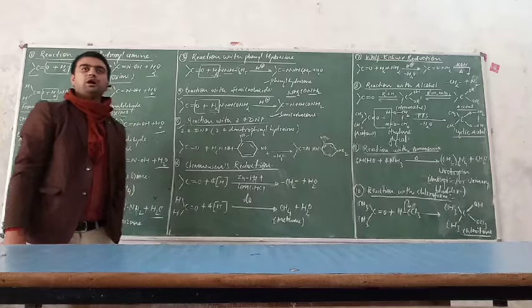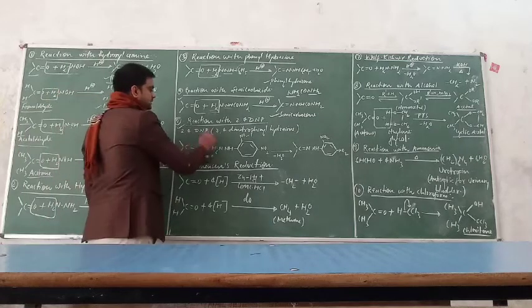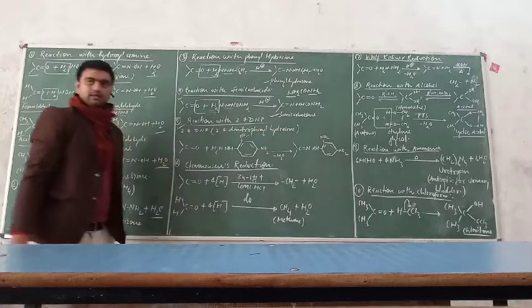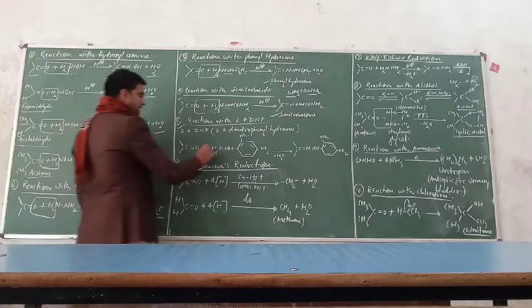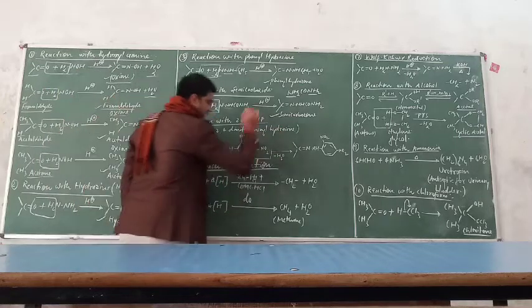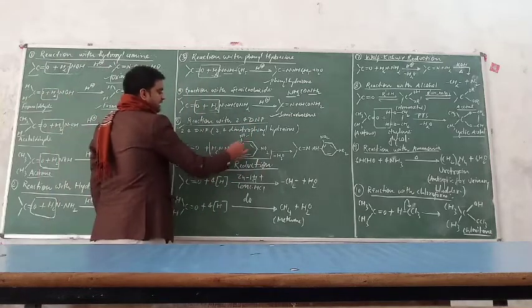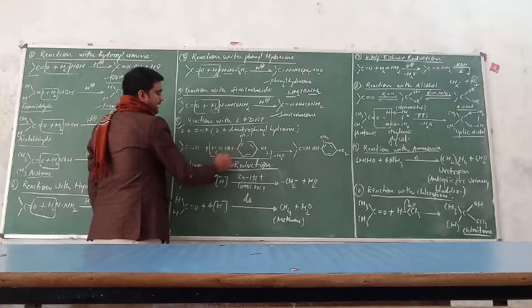The full form of 2,4-DNP is 2,4-dinitrophenylhydrazine. Clear? And the formula of 2,4-DNP is here. This is the 2,4-DNP. This is the phenyl ring and this is the hydrazine.